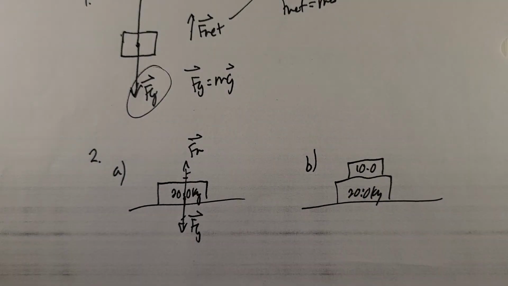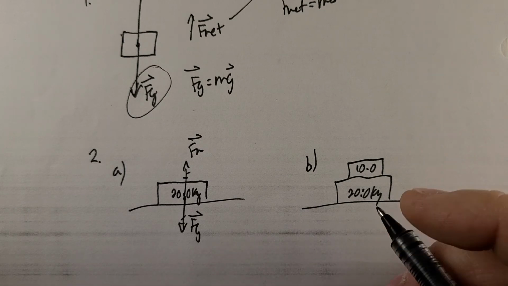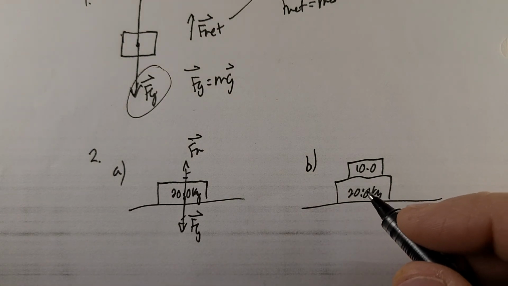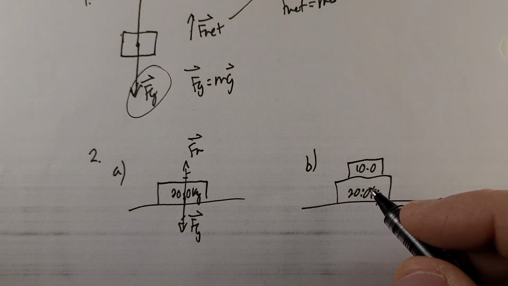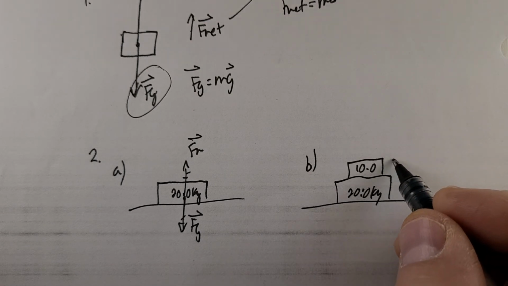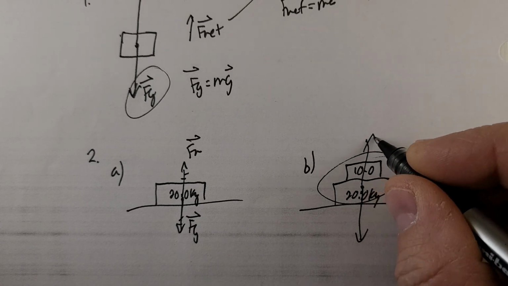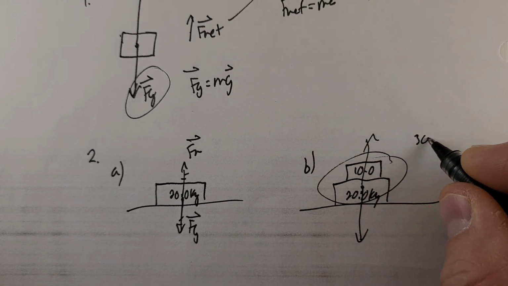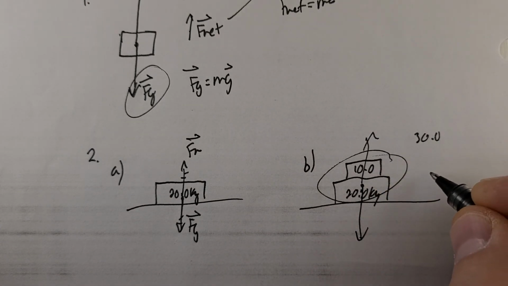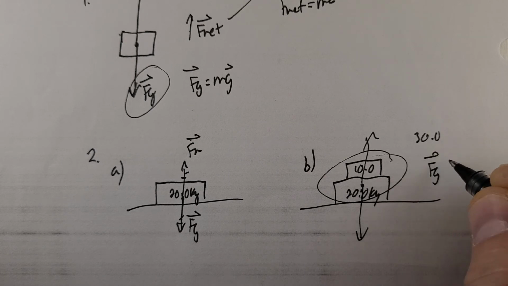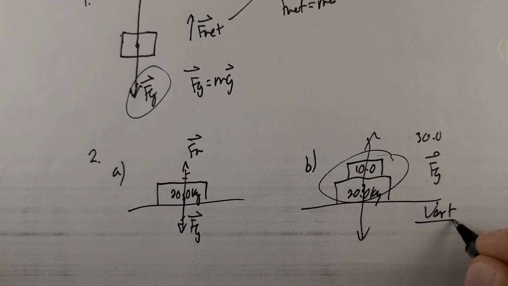So the first part says determine the normal force that the table exerts on the 20 kg box. So you can think of this whole thing as being one big object. Okay, so 20 plus 10 is a 30 kg box. So analyze it like that by figuring out the Fg, and then analyzing what's going on vertically.